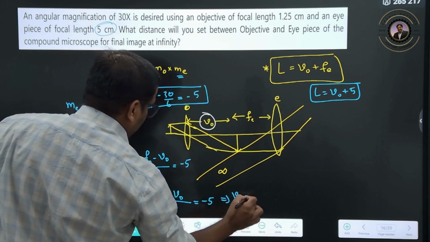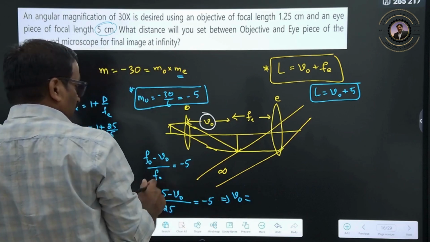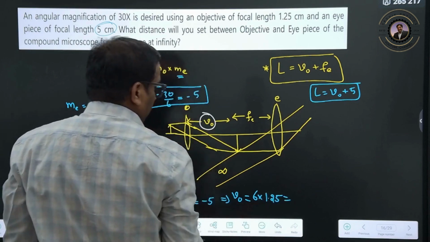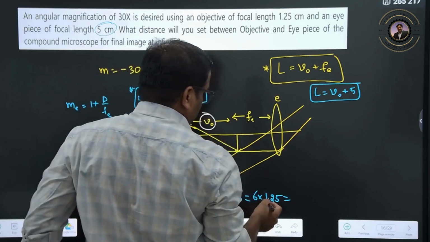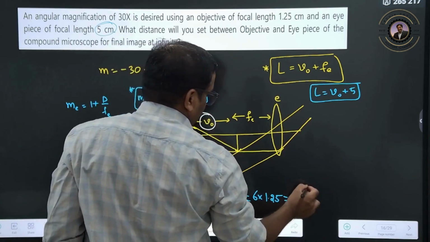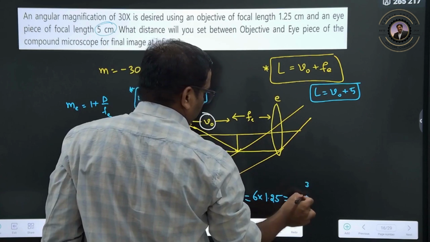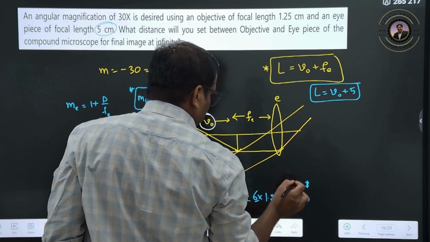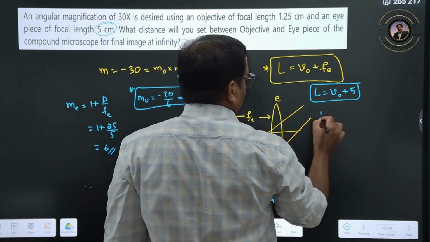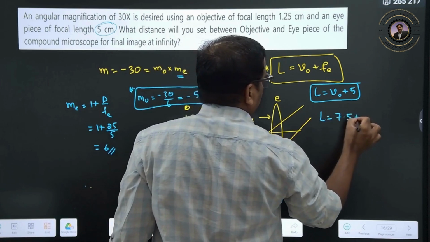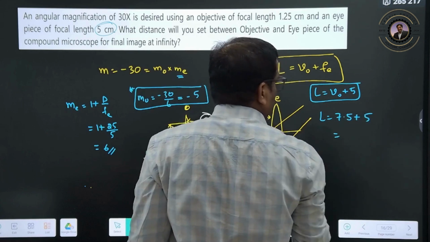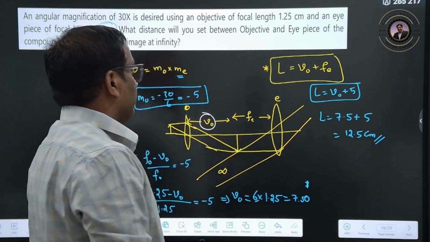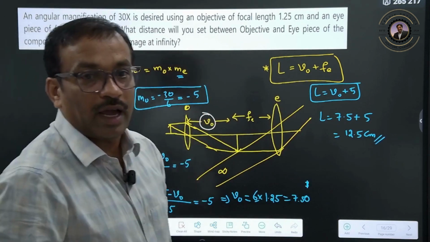That implies VO, taking this across, is 6 into 1.25. Clear? So 6 into 1.25: 6 fives are 30, carry 3, 6 ones are 6, plus 3 is 9... so 7.5. Therefore L can be written as 7.5 plus 5, so 12.5 centimeter will be the distance between the objective and eyepiece.